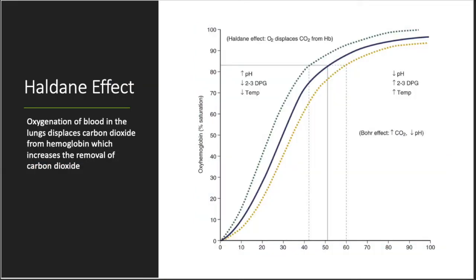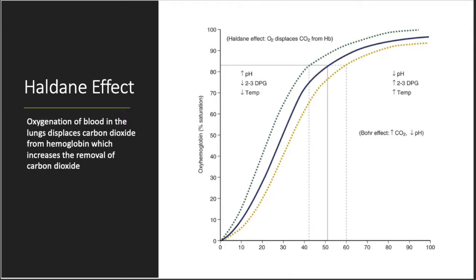Now, the Haldane effect, that's just a little bit different. The Haldane effect is basically that the oxygenation of blood in the lungs displaces carbon dioxide from hemoglobin, which increases the removal of carbon dioxide. Basically, all this is that oxygen is going to take the place. It displaces it.